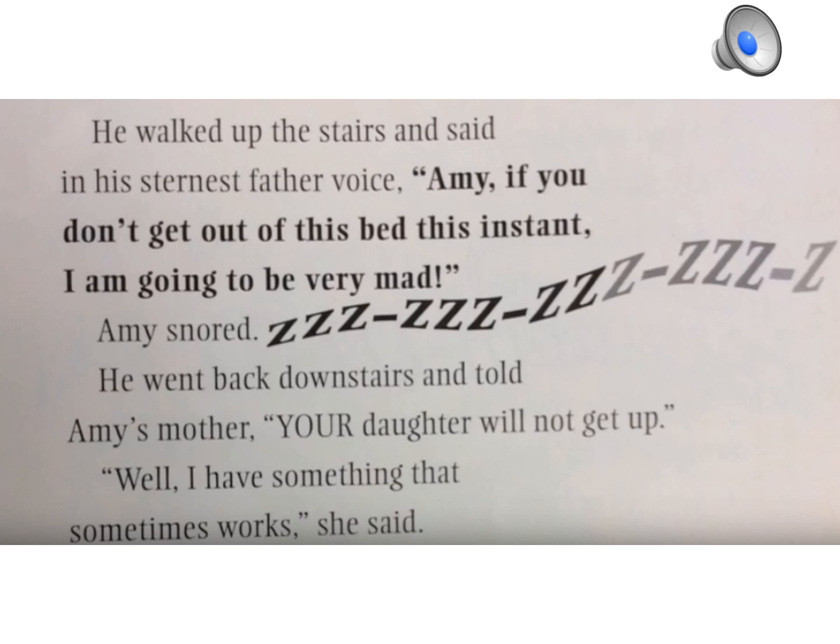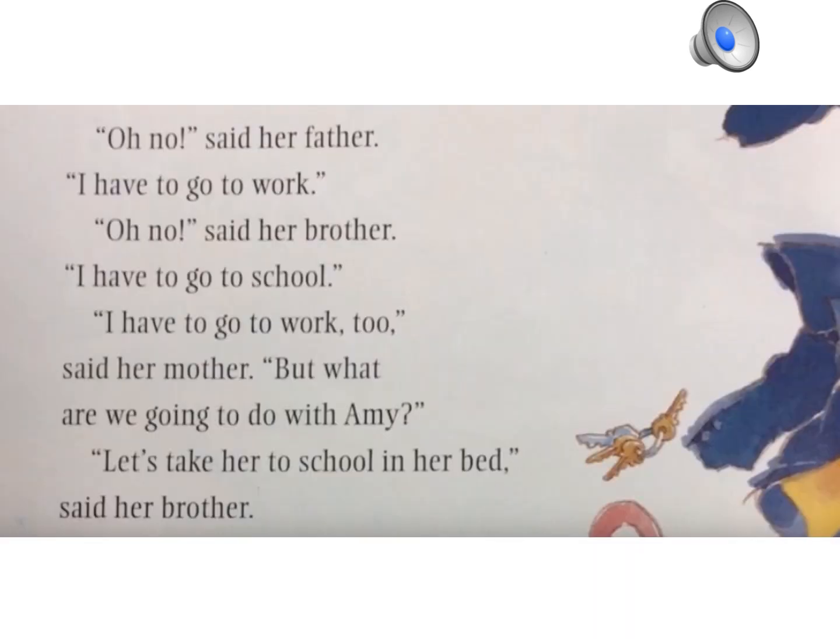But obviously it didn't work, so what happens next? You can guess. The mom tries to go and wake Amy up. So the mother goes up and tries to wake her up in her sweet and kind mannered way, but that doesn't work either. And then we see the dilemma of everybody come together now.